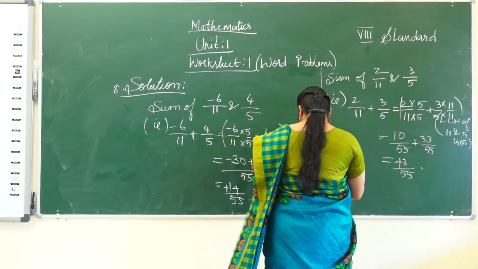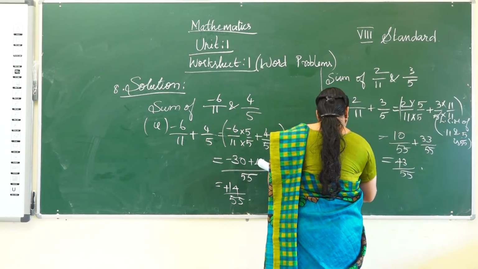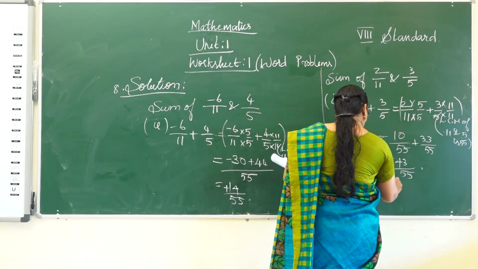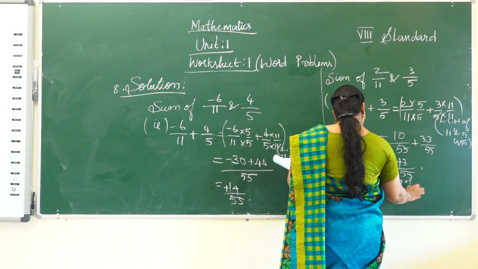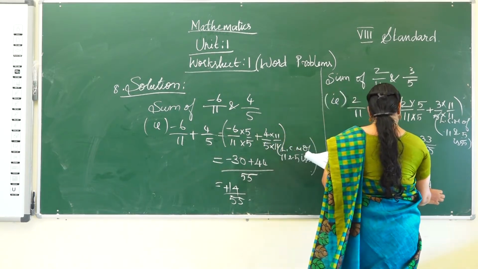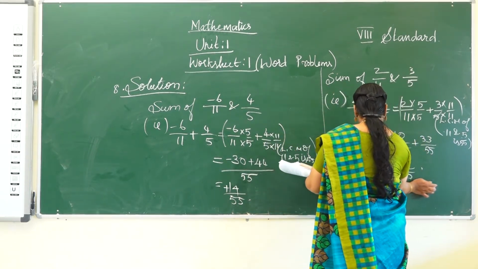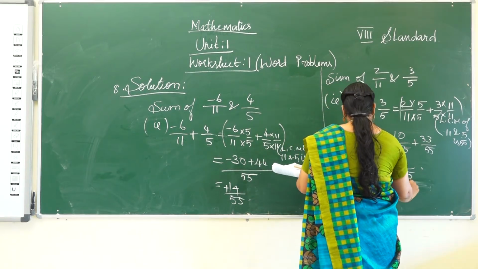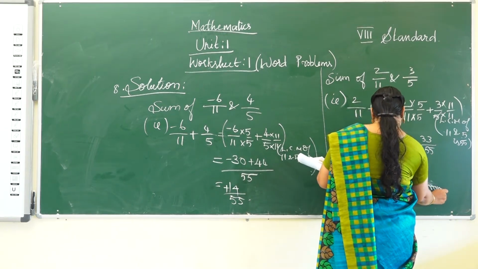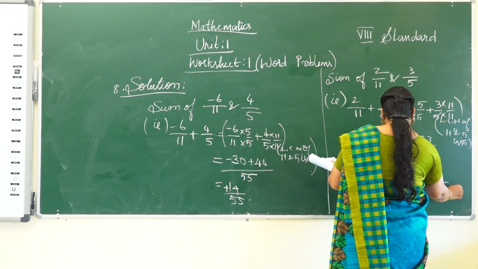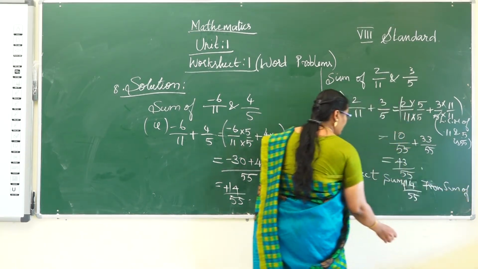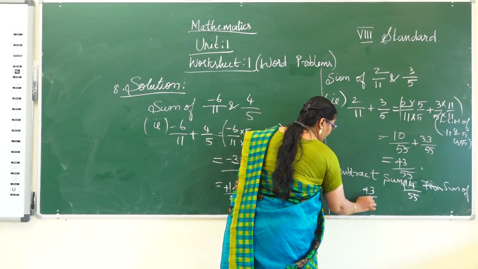Subtract the sum, 14 by 55, from 43 by 55.